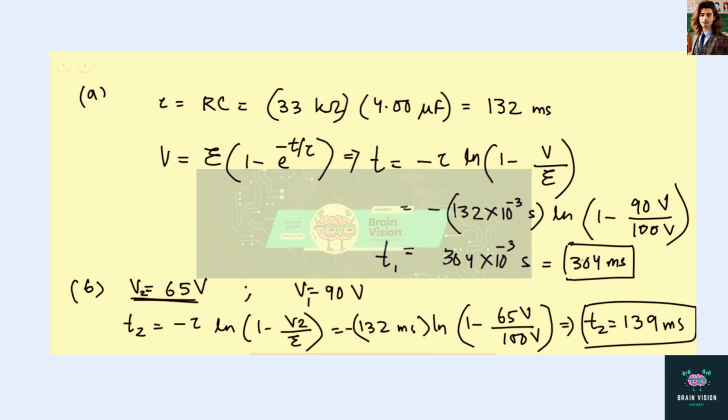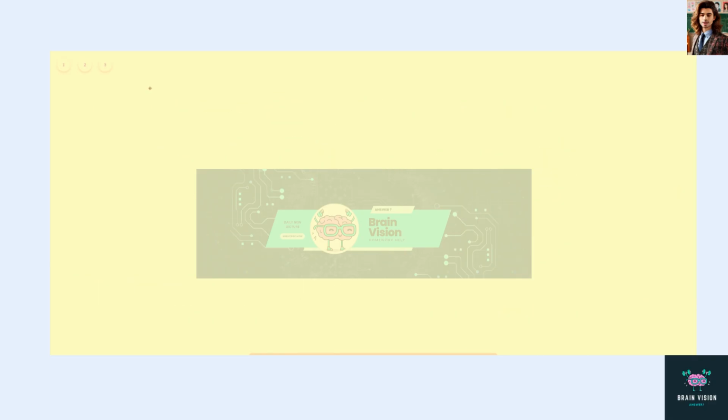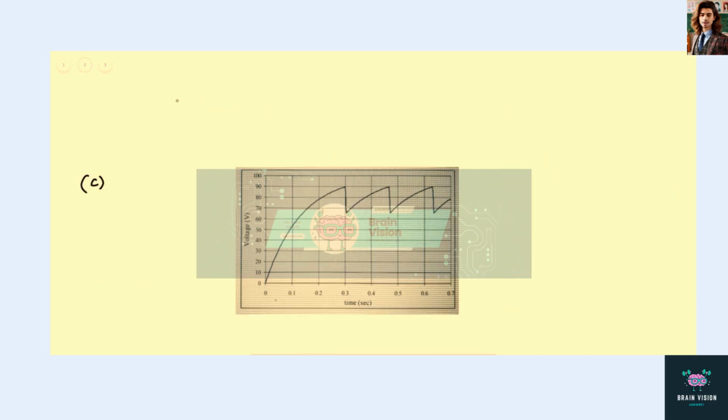So now that we have T1 and T2, we can find del T, which is the recharging time, and it should be T1 minus T2, and this comes out to be equal to 165 milliseconds.